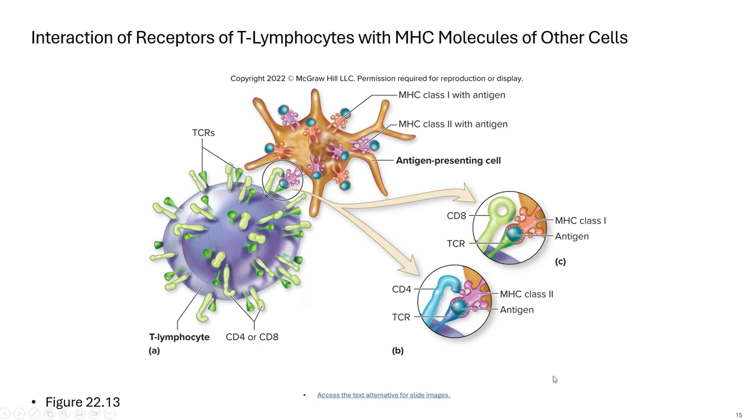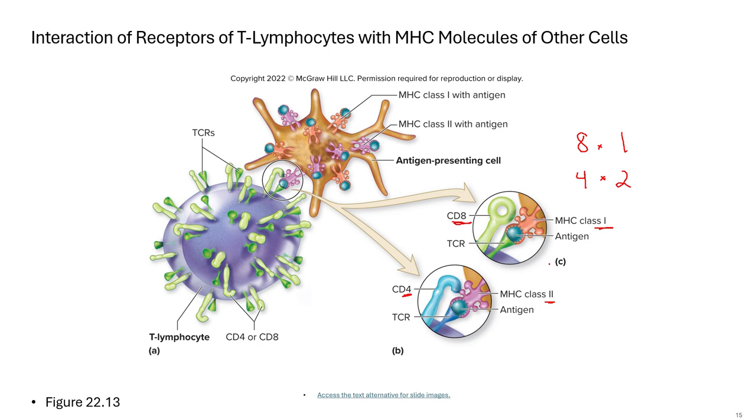So for example, when you multiply CD8 with MHC1, 8 times 1, you get 8. When you multiply CD4 times MHC2, 4 times 2, you get 8.